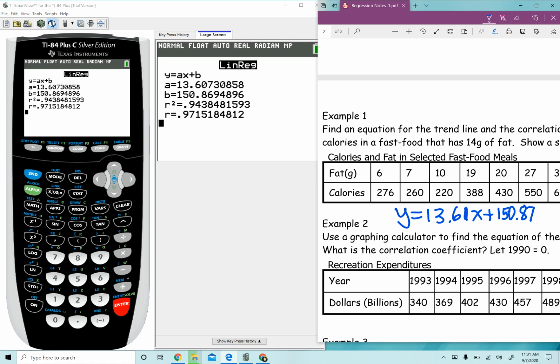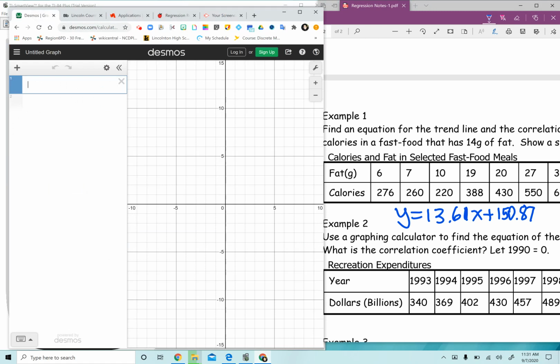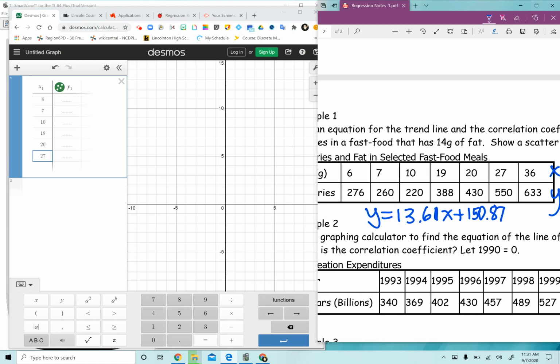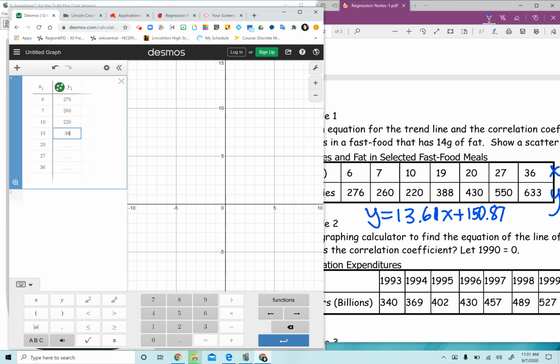Now, if we were to do this in Desmos, we would say plus, the table, and pull up the table: 6, 7, 10, 19, 20, 27, and 36, then 276, 260, 220, 388, 430, 550, and 633.